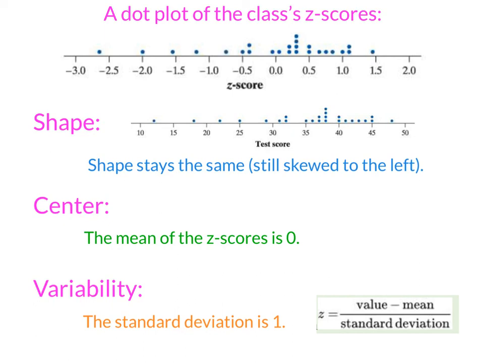So when you do that, subtracting 35 from each test score doesn't affect the standard deviation. We're just subtracting, remember? It doesn't affect standard deviation. However, dividing all of those resulting values by the standard deviation, this last bit here, would divide the original standard deviation of 8.77 by itself, resulting in 1. So that's what happens with the variability in all the z-scores of every original score.